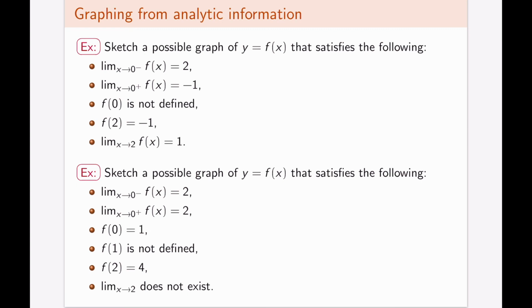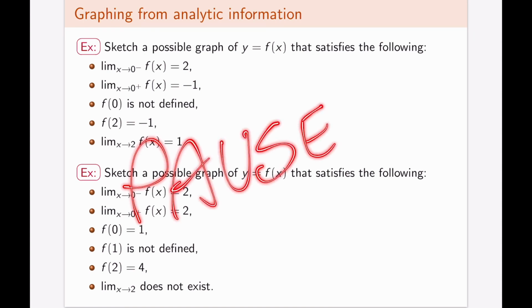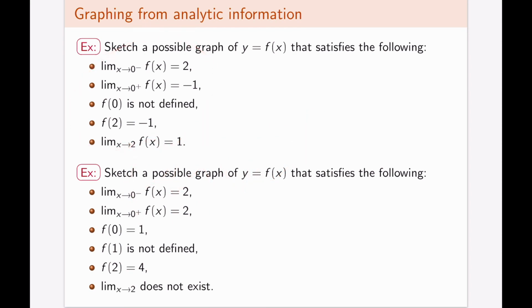So the function that I will produce might be slightly different from the one you are producing or your friend is producing. Just make sure that as you draw it along, you actually check off and satisfy all of these properties. Okay, pause, take a second here and draw an example of a graph that satisfies these properties, and then draw another one that satisfies these properties.